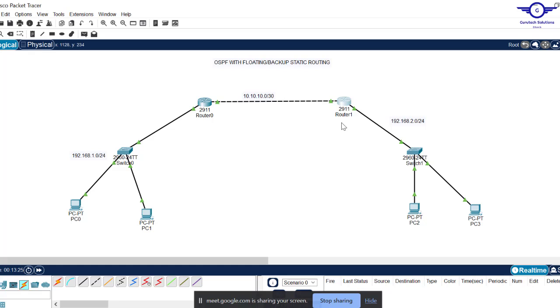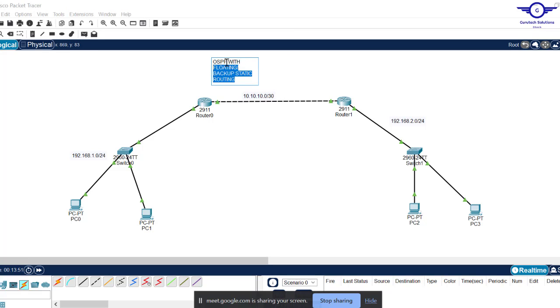Okay, no problem. So I was saying that in this video we're going to configure OSPF. Remember in the previous videos we configured RIP and EIGRP. So in this video it's OSPF. We're going to use OSPF as the routing protocol to advertise networks on this side and on this side also. And we have added something here, backup static routing.